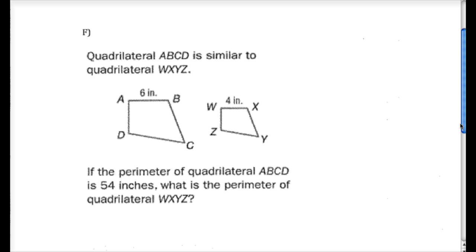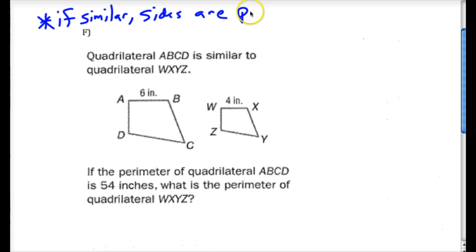Maybe jot this down at the top. We know if similar, if we know the shapes are similar, sides are not congruent, they're proportional. Don't say they're not the same. One's bigger than the other. Sides are proportional. Spell that word.